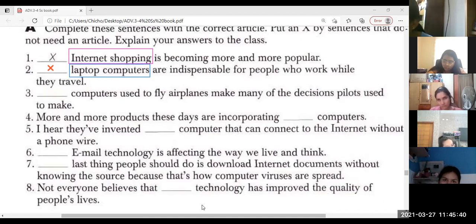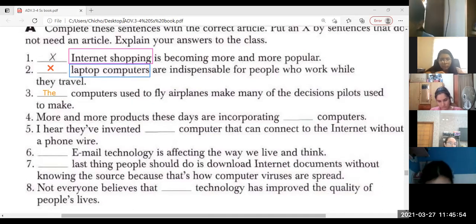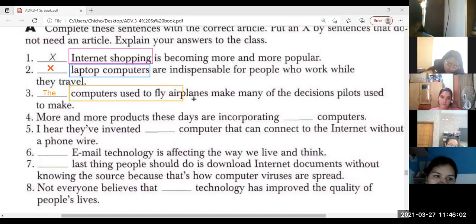No, it's the opposite. We use an article. When you talk about something specific, we use an article, okay? So here we are talking about a specific type of computers. We are talking about the computers that are used to fly airplanes. So it's something specific, right?